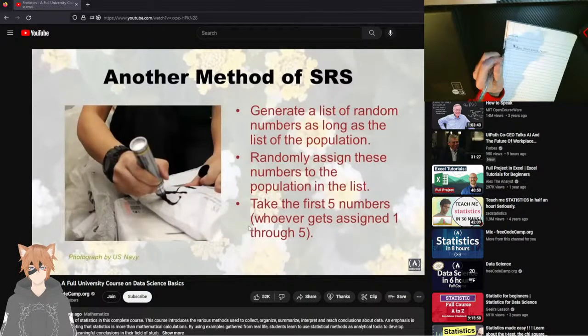Another method that works, that might work better if you can't do this ID thing where you cut up paper, is where you simply just make your own list of unique random numbers, right? You just make your own list. And then you assign those to the population. A great example is if you're teaching kids and you want to put them in a random order, maybe you're going to do a game or something.